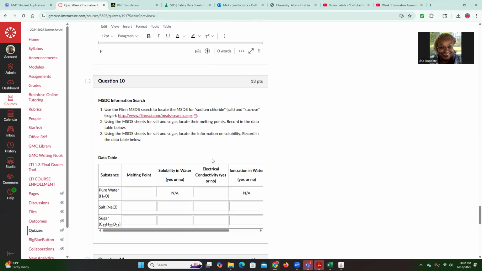All right. And then we get to question number 10. So for question number 10, it says that you're going to use the Flynn MSDS search to look for sodium chloride and for sucrose. And so you're going to right click on this and open this in a new link.